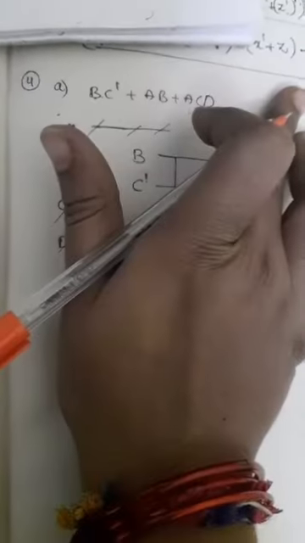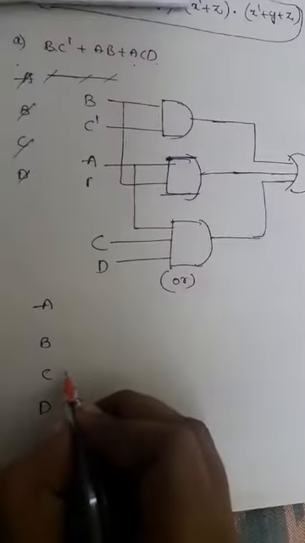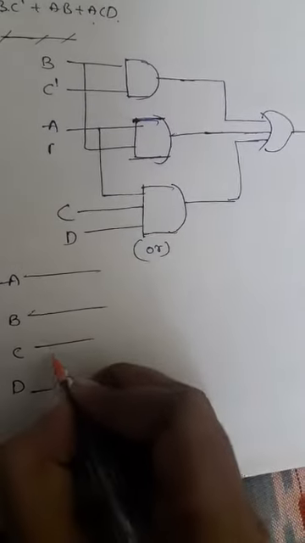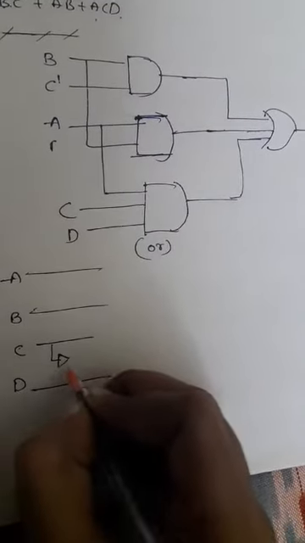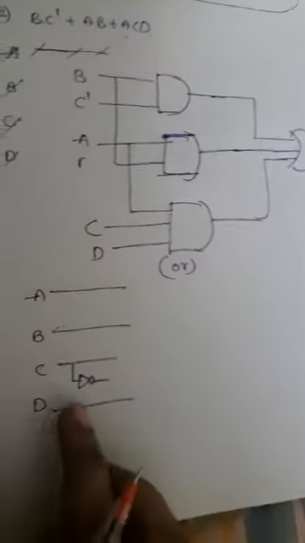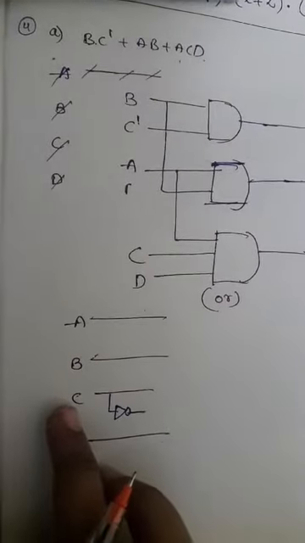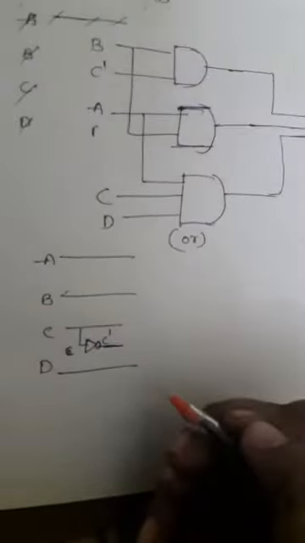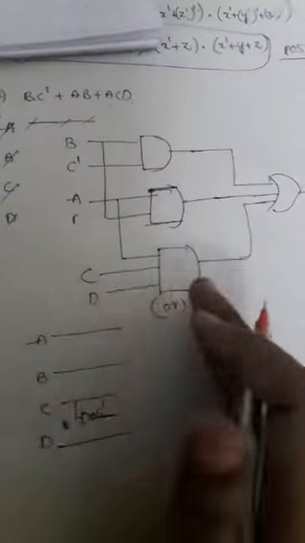For C we'll have the complement, right? So for C directly I can apply one more thing, that is a NOT gate. If you apply the NOT gate, that is equal to C complement, so we can say that this is C complement.